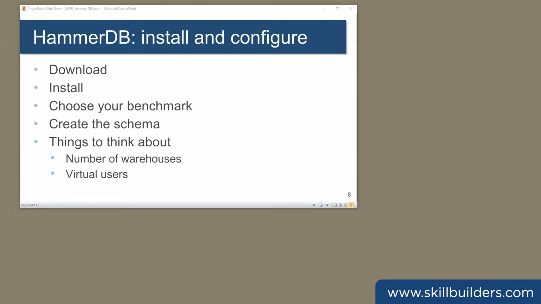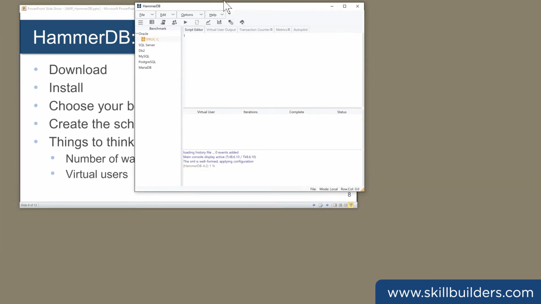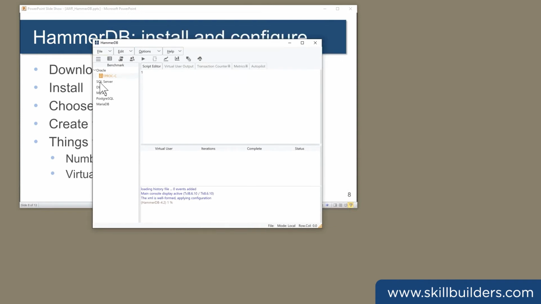It's launched up on another monitor. There it is. So it's launched up, and there's a whole bunch, as you can see, SQL Server, DB2, MySQL, whatever. There are various supported databases, and for each database, we get the choice of benchmark.